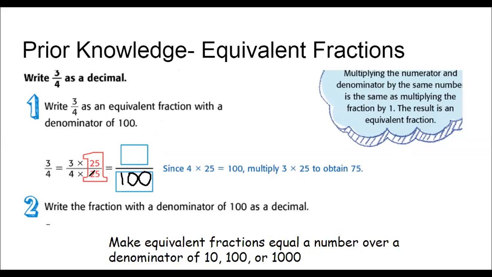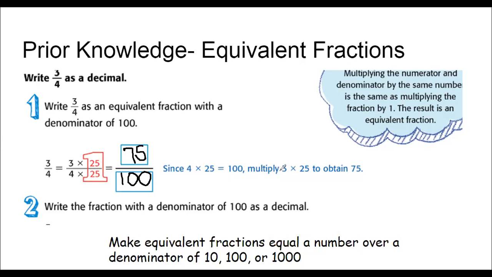I already know I'm going to multiply 4 times 25 to give me 100. Then I multiply that same 25 by the numerator, which is 3, and that's going to give me 75. So now I'm showing an equivalent fraction: 3/4 equals 75/100.